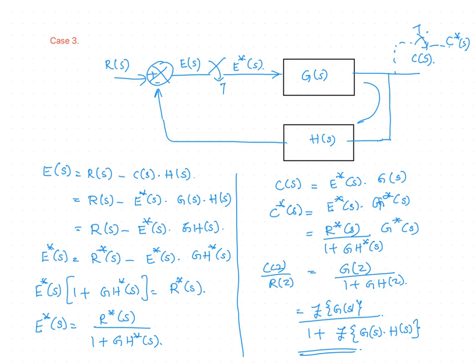Next we have the fourth case, where we have a zero order hold. This kind of problem is already placed in the tutorial sheet. You may refer to the tutorial sheet for the numerical problem. This is just a general representation.